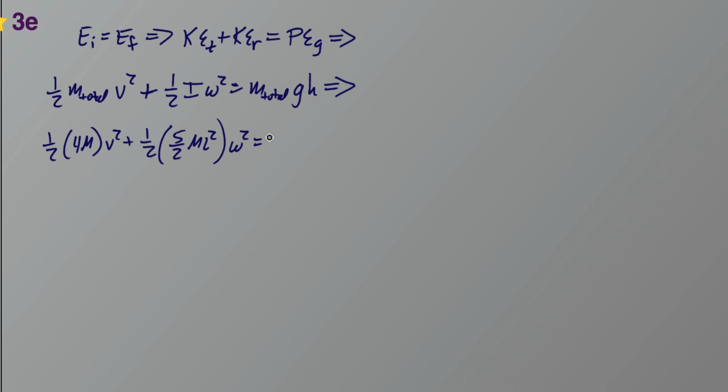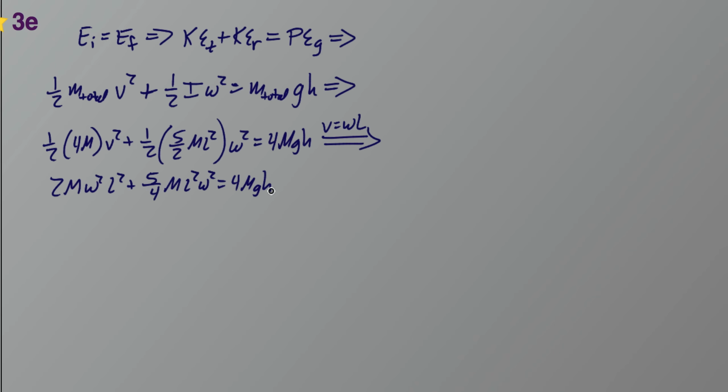Omega squared equals m total, again 4 capital M, times gh. Now v is equal to omega L. So knowing v equals omega L, this becomes 2 capital M omega squared L squared plus 5/4 capital ML squared omega squared equals 4 capital M gh.